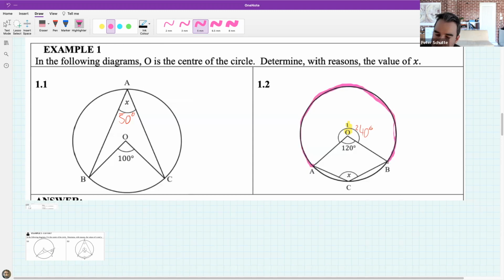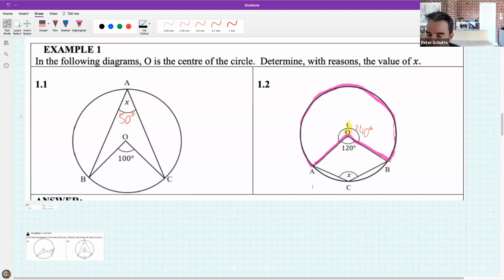And I'm going to ask myself, what is the angle at the center for that arc? And what is the angle at the circumference? So notice the relationship. The 120 and the X are not the ones in relationship.